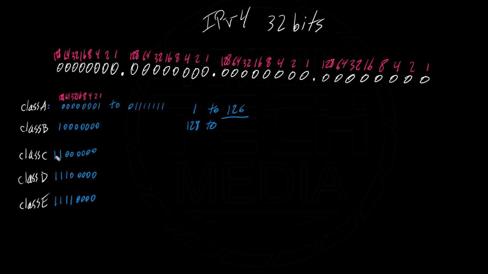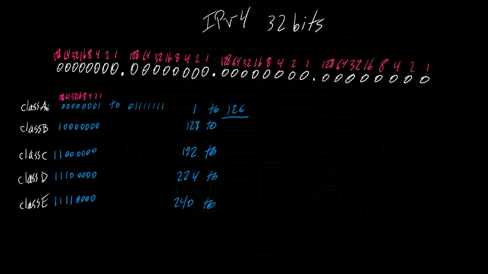For class C, 128 and 64 are turned on, so 128 plus 64 is 192. For class D, 128 plus 64 plus 32, that's 224. And for class E, we can see the first 4 bits turned on in the first octet, so 128 plus 64 plus 32 plus 16, which is 240.